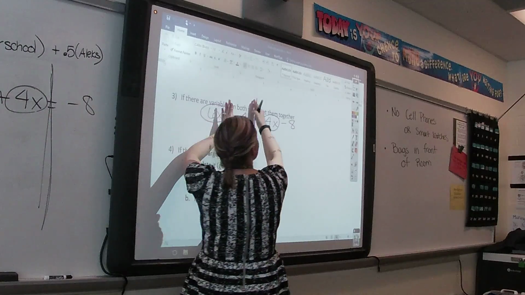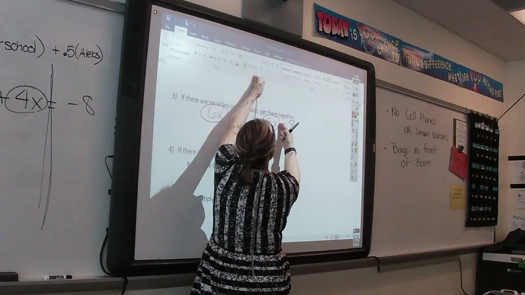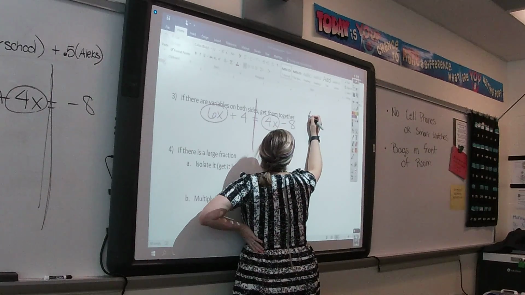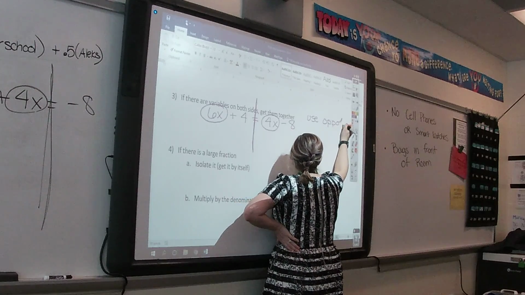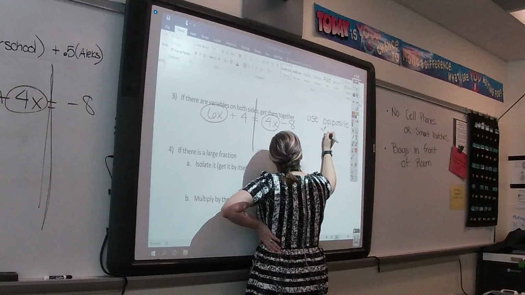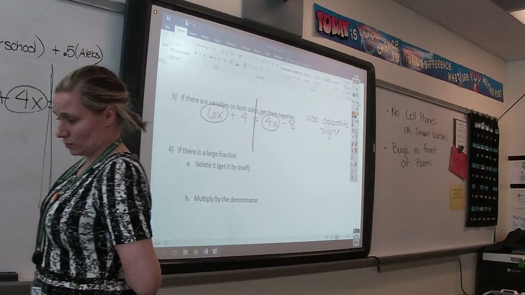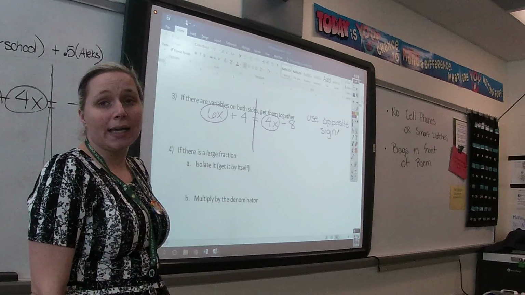When they are on opposite sides, one is on the right, one is on the left, we have to get them together with the opposite sign. So we're subtracting 4x. You're going to use the opposite sign of what it already is.